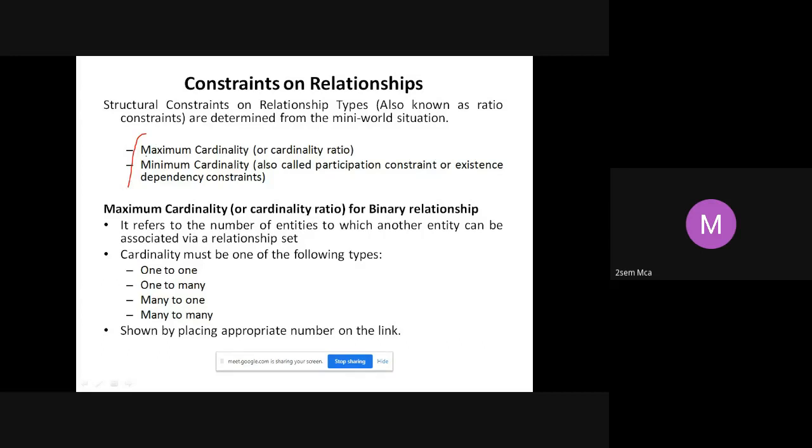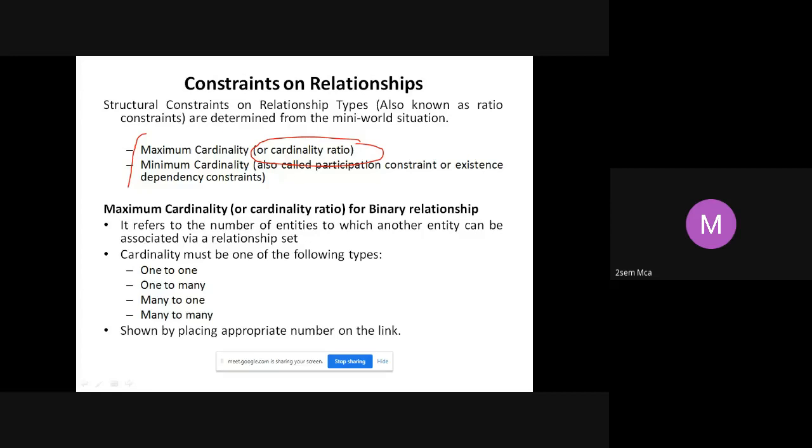One is called the maximum cardinality. This is also called the cardinality ratio. You should be very clear on the alternate names, because they may ask questions using different names. They may ask what is maximum cardinality, or they may also ask what is cardinality ratio. You should be able to answer both.